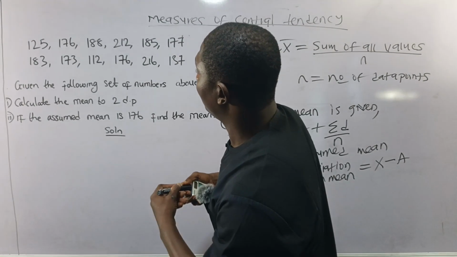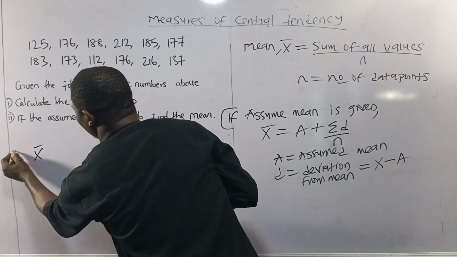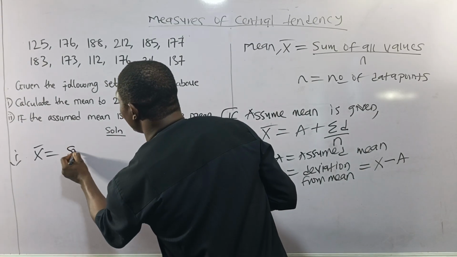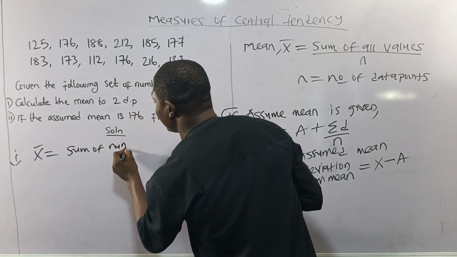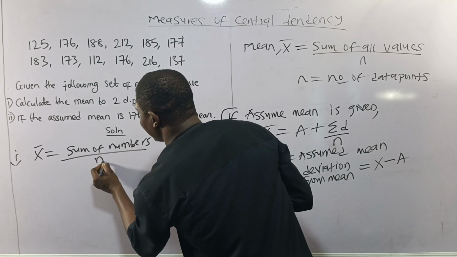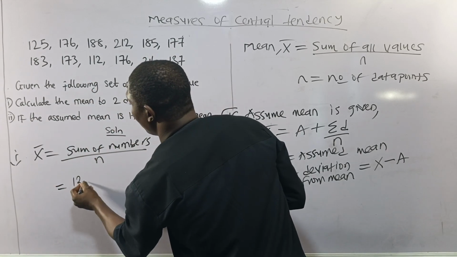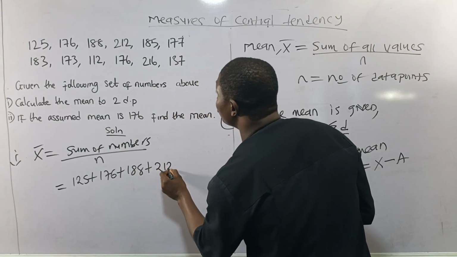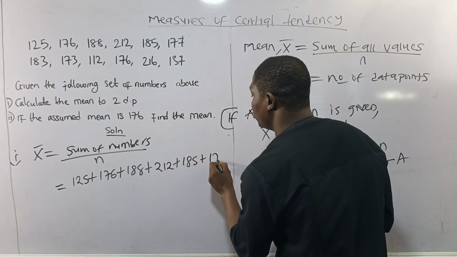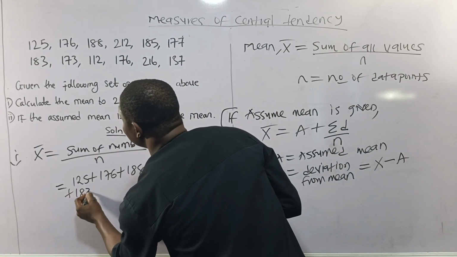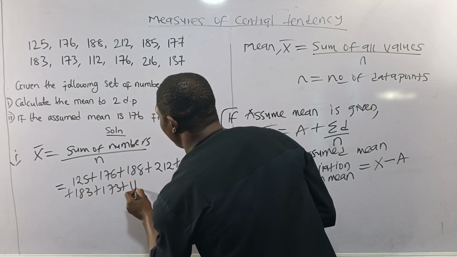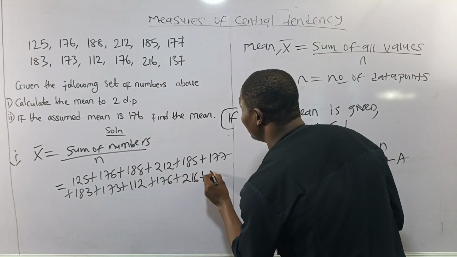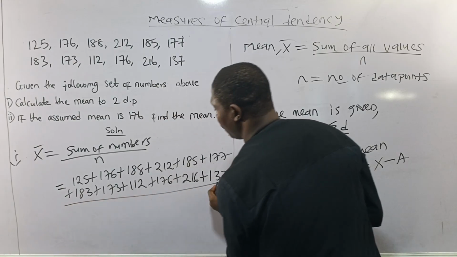Now, our mean x bar for question I. Since I didn't give a summation of mean here, we simply use the sum of numbers all over N. And our numbers are 125 plus 176 plus 188 plus 212 plus 185 plus 177 plus 183 plus 173 plus 112 plus 176 plus 216 plus 137, all divided by our n.